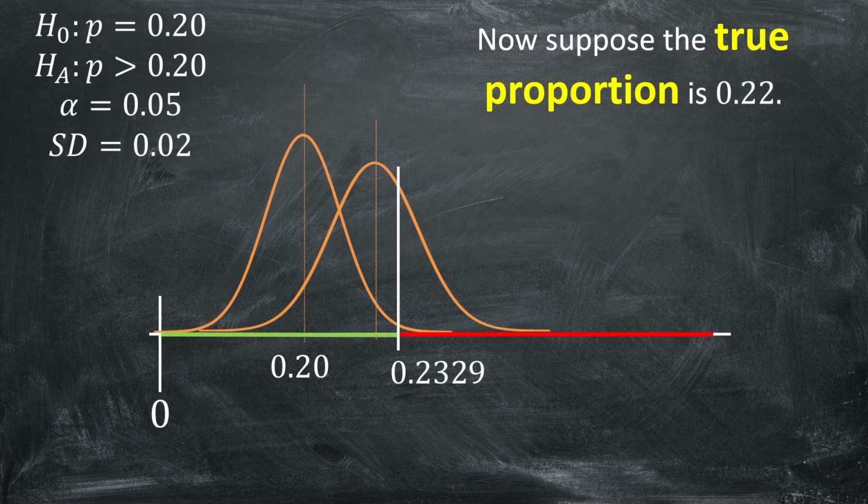And so the closer the true proportion gets to 0.5, the wider the distribution is, and therefore the shorter it has to be as well. Here 0.22 is a little bit closer to 0.5 compared to 0.20. And so the true distribution, assuming the true proportion is 0.22, is a bit shorter and a bit wider than what we are assuming under the null hypothesis.